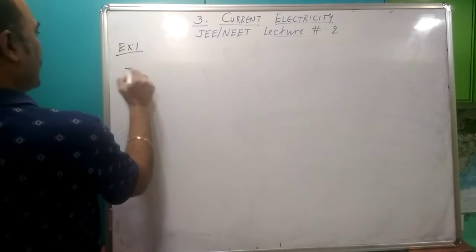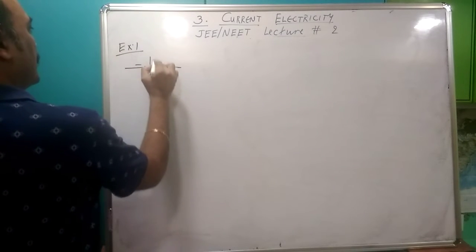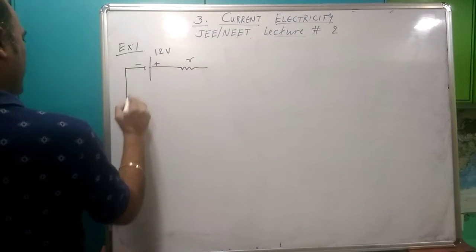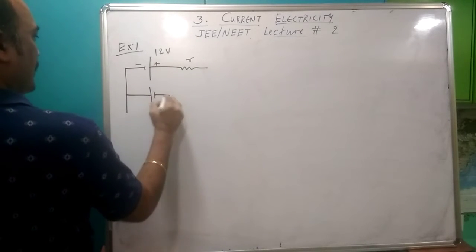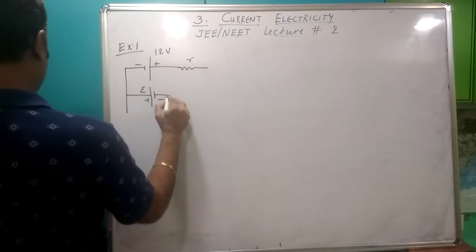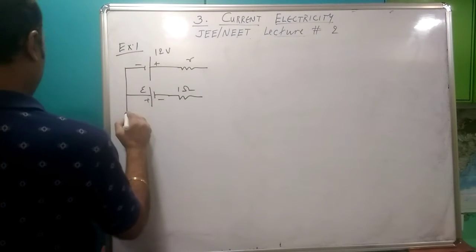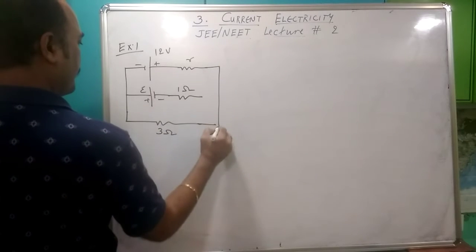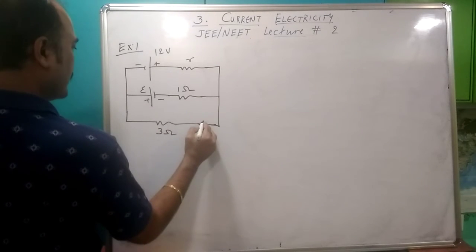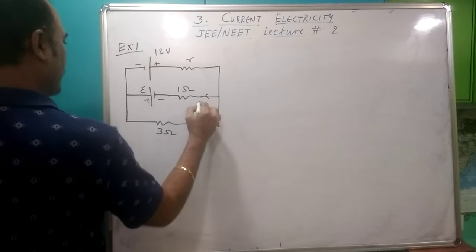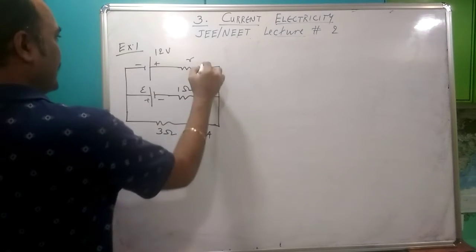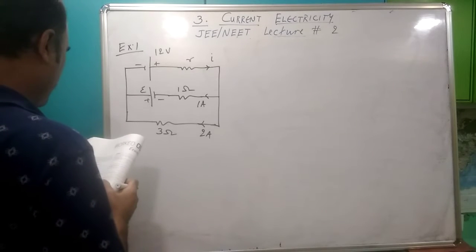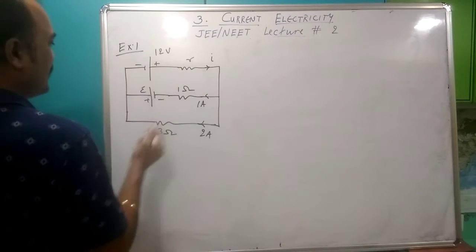So example 1, there is a 12 volt battery and a small internal resistance R, and this is another small battery, they call it epsilon, with 1 ohm, and this is a 3 ohm resistor, and they have given some currents also. This is 2 amp, this is 1 amp, and this they have called I. They want us to find the internal resistance R and the EMF epsilon.